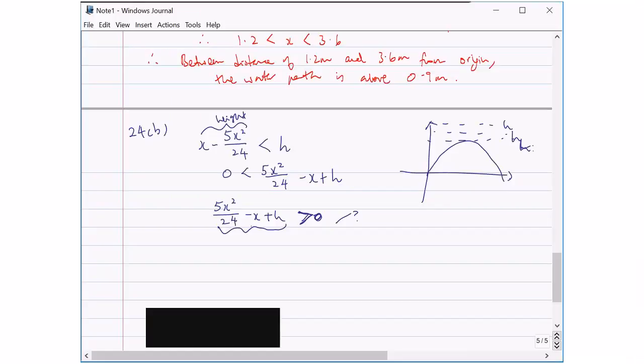How do you ensure a quadratic smiling curve is always bigger than 0? How do you make sure that happens? A graph that is always hanging up there, smiling curve and hanging above the x-axis, that will always be positive, right?